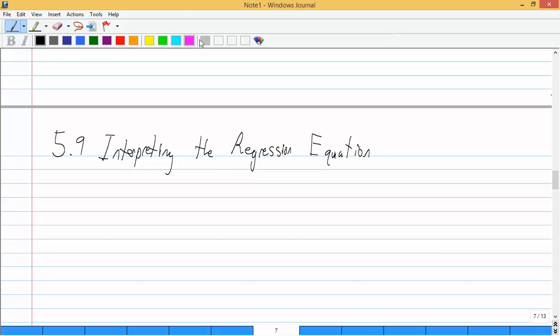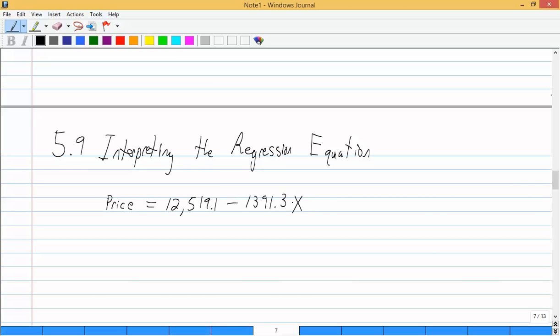Alright, so the equation that was come up with for that last example on cars was price equals, we had a y-intercept of 12,519.1, and then the slope was negative 1391.3, and then you had the age of the cars, which was our independent variable.